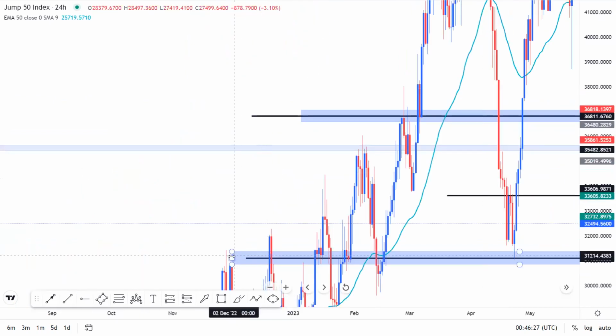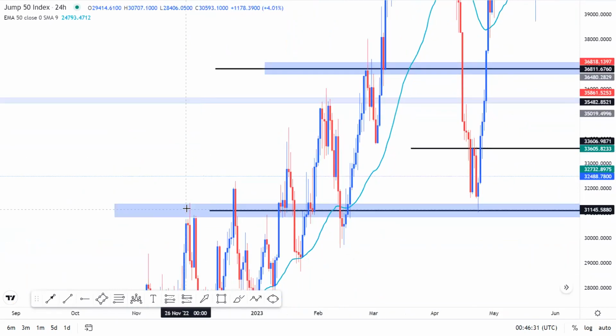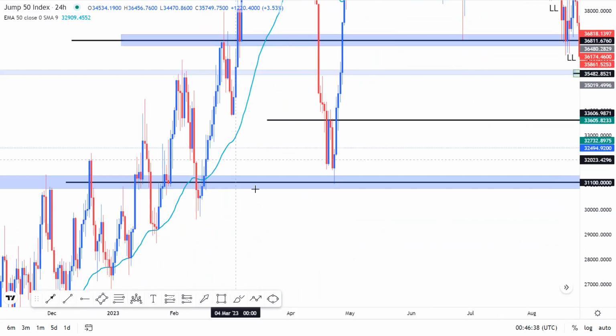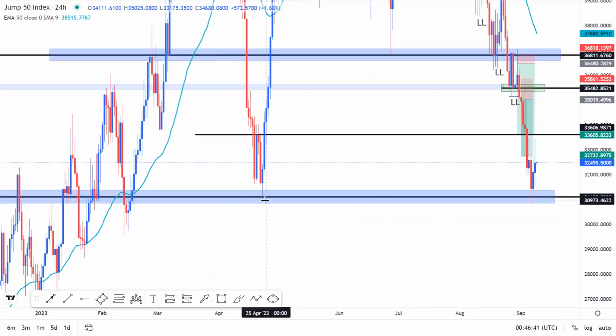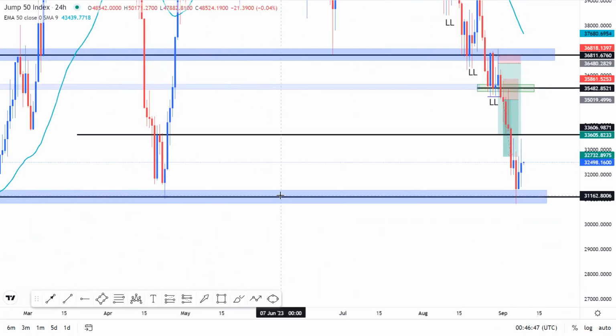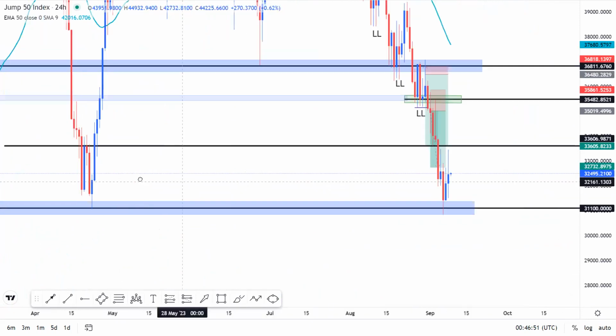As you can see, looking to the previous time price tested the level, we had a huge sell-off. We had price test the level right here. And then this previous time we tested the level, we had a huge price rally from the level. So I was pretty much expecting price to come right into the level again and then do the very same thing as it did the previous time.